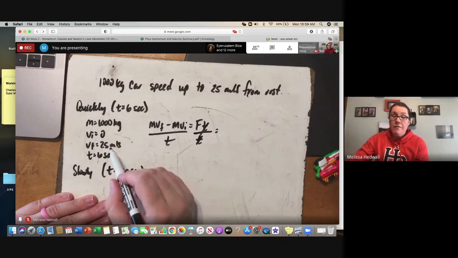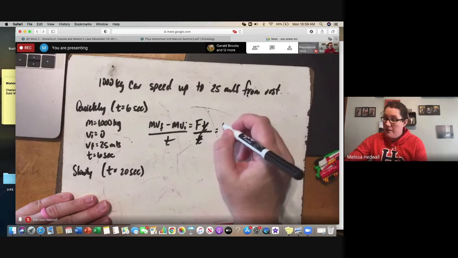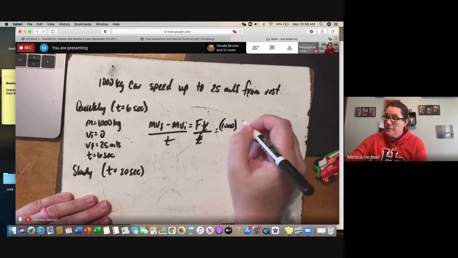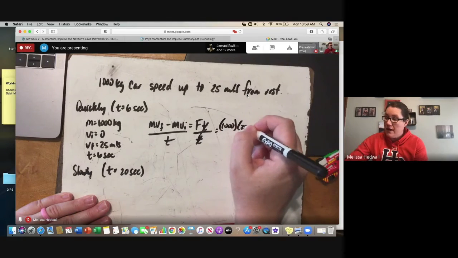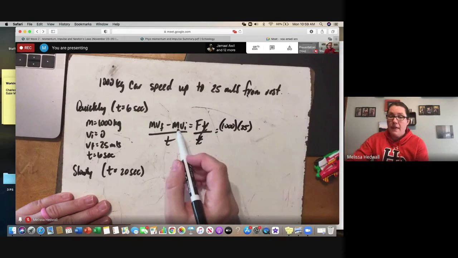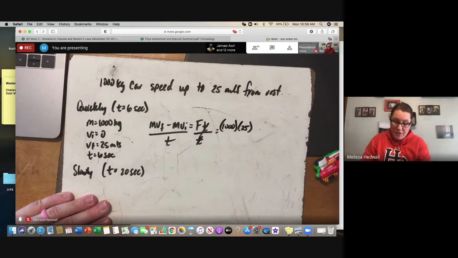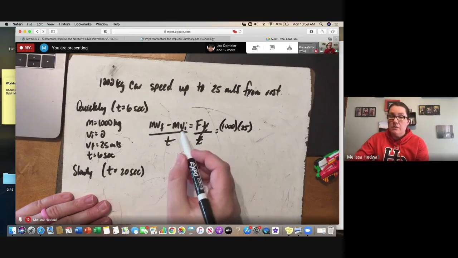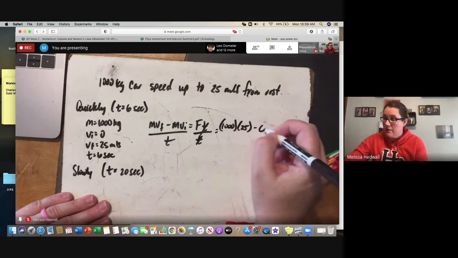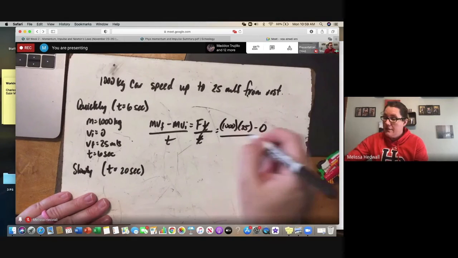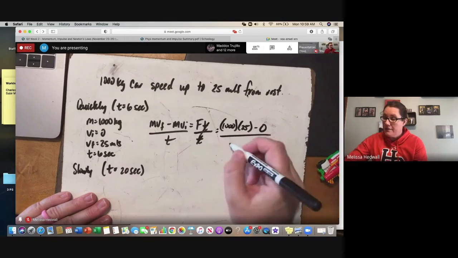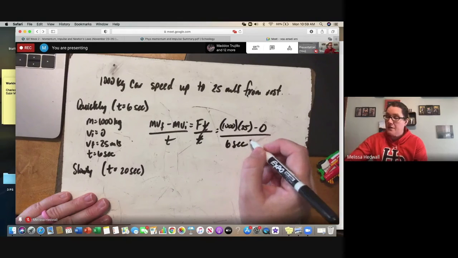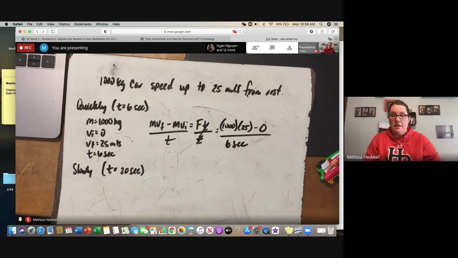Well, MVF is 1,000 kilograms times 25 meters per second. MVI, it was starting at rest, so VI is 0. So 0 times anything is 0. So we have minus 0, divided by our time here of 6 seconds. If we take this and calculate it, 1,000 times 25 gives us 25,000.